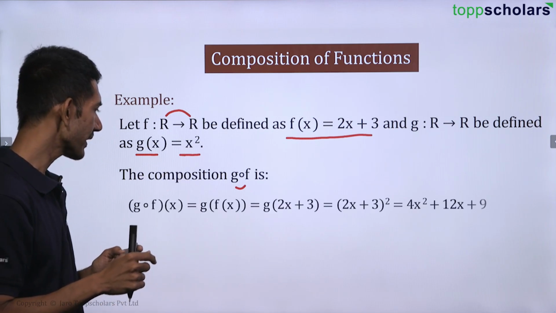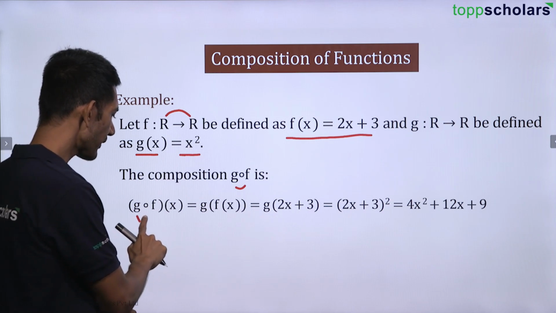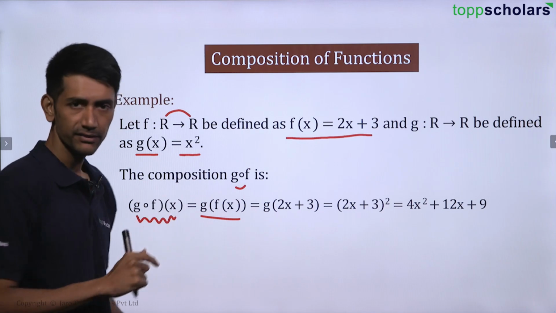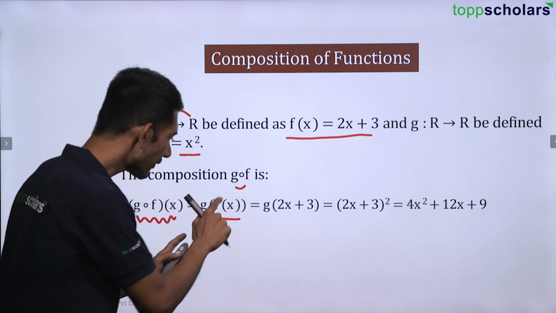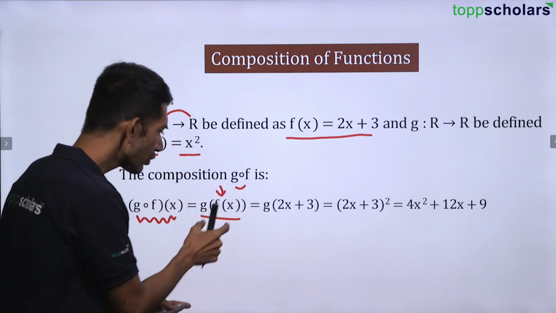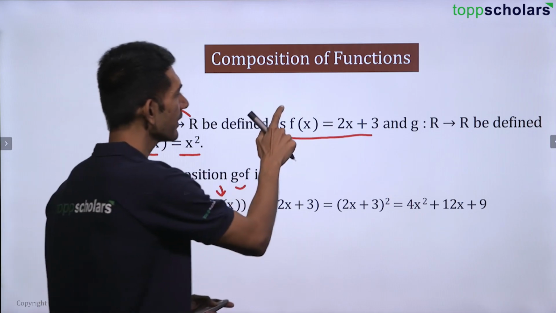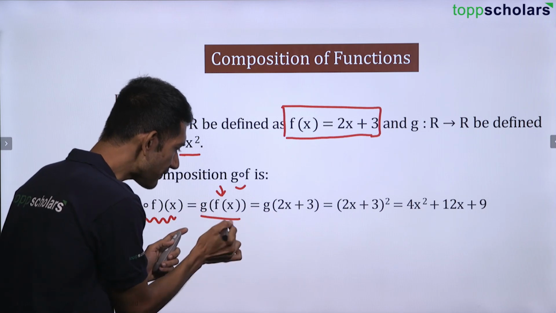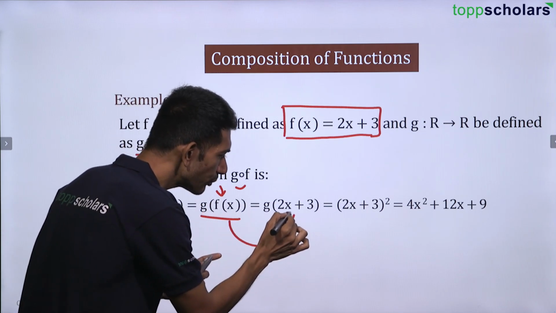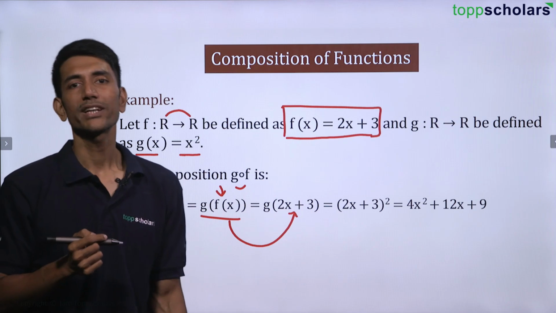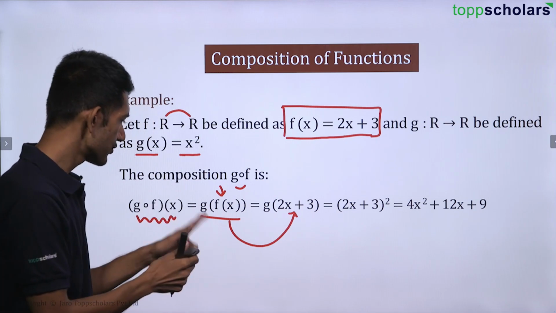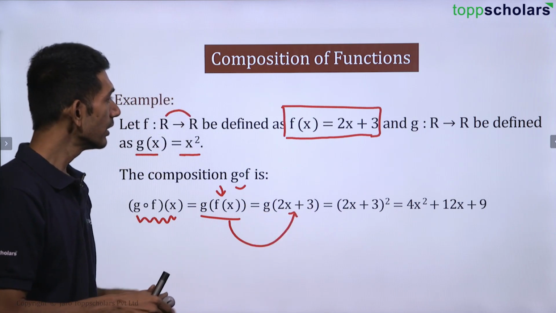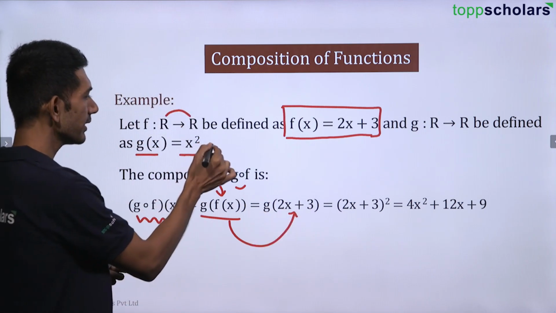Now understand this very carefully. g of f of x is written like this. Firstly we solve for f. So what is f of x? f of x is this. So g of f of x, instead of f of x, I am putting 2x plus 3. Now what is g of x? See here.